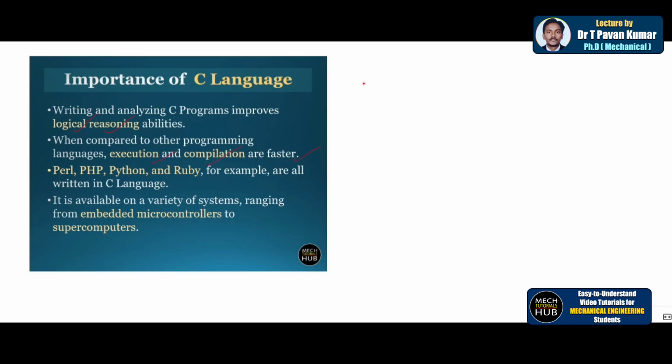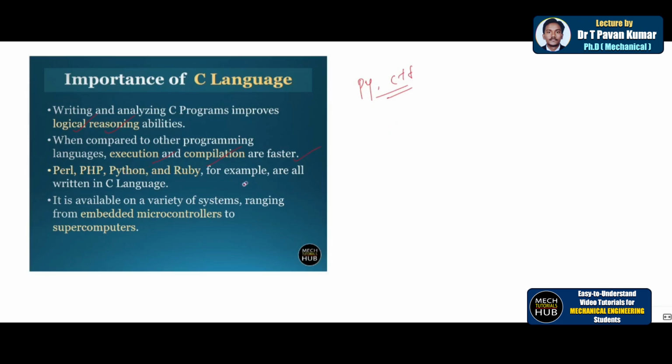If you see the trending languages, as I said, Python or C++, the language which came after C, the compilation time is very high when you compare with C language, whereas in the case of C, compilation time is very fast.